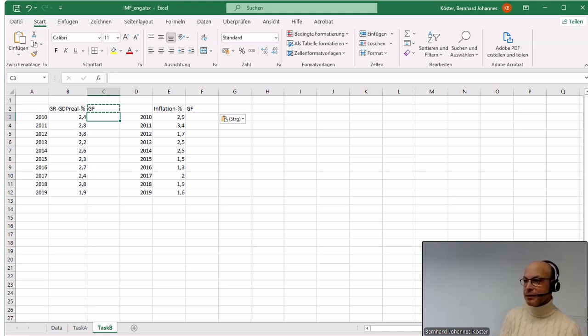If I'm asking in this way, the answer is, of course, no. Why? Well, the unit of my data is percentage. So I have to divide the 2.4 by 100. Also think of if your GDP would be 2000.